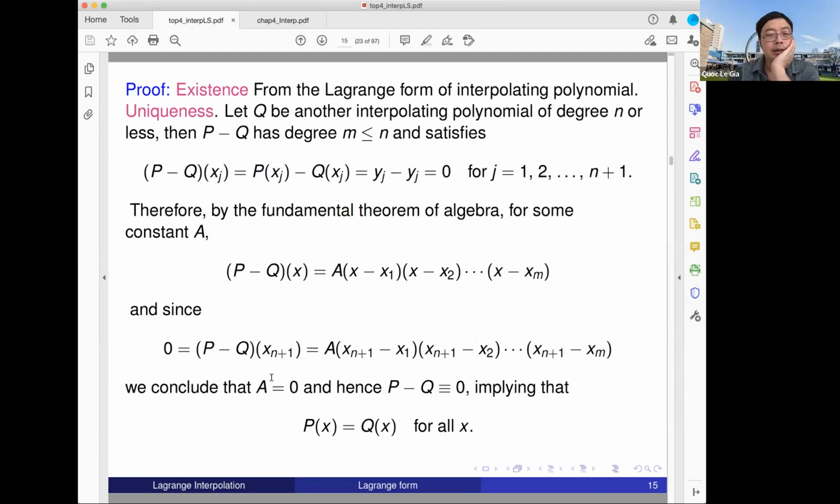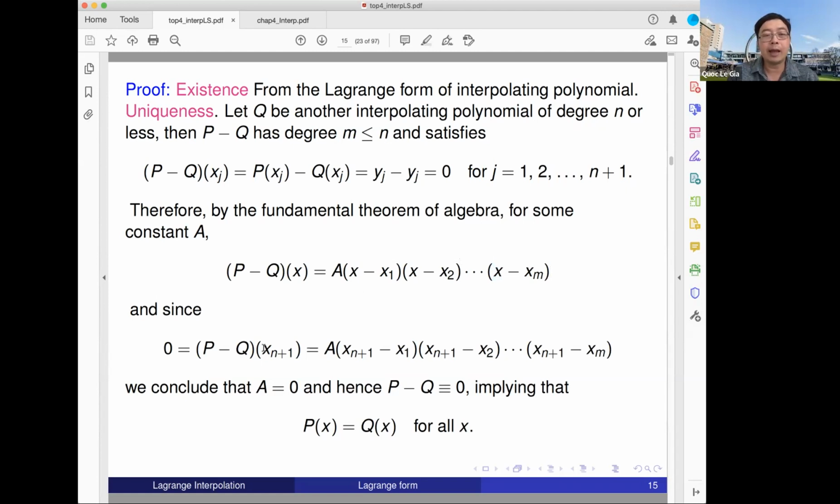And now remember, if you plug in x1, then it's definitely equal to 0. Plug in x2, definitely 0. Plug in xm, xm could be xn, then it's just 0. No problem.